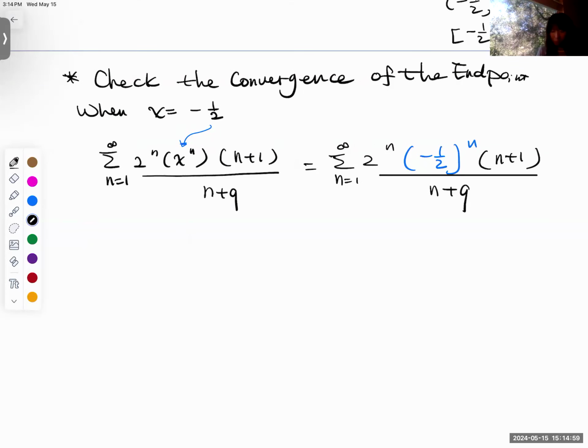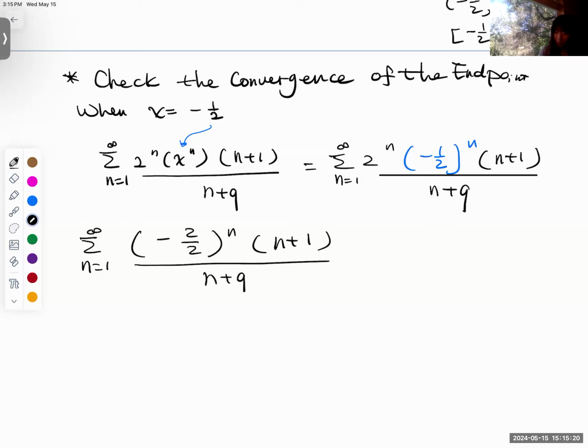Okay, so look, we have 2 to the n and -1/2 to the n, so we can combine them, so we can say that -2 over 2 to the n power, n plus 1 over n plus 9. Okay, now we know that -2 over 2 is -1, over n plus 9, right?